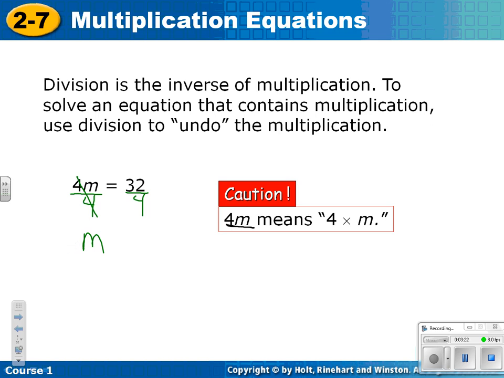And actually on your last quiz, some of you wrote this like 1m plus 3. And I'm like, why did you do that? Why did you put a 1 in front of that m? You don't need that. Okay? We don't put that 1 there. So we're left with m equals 32 divided by 4, which is 8.